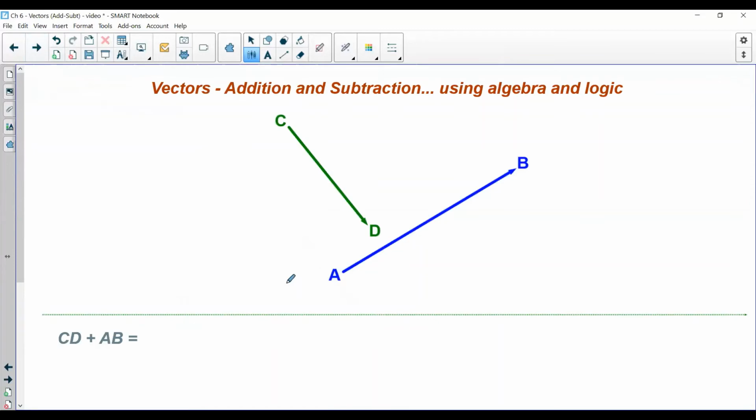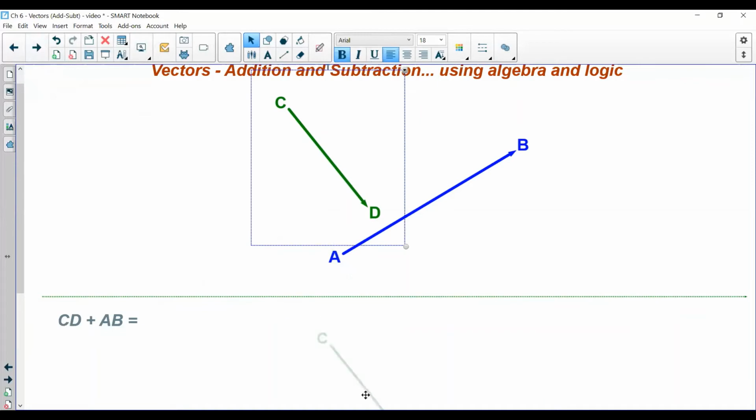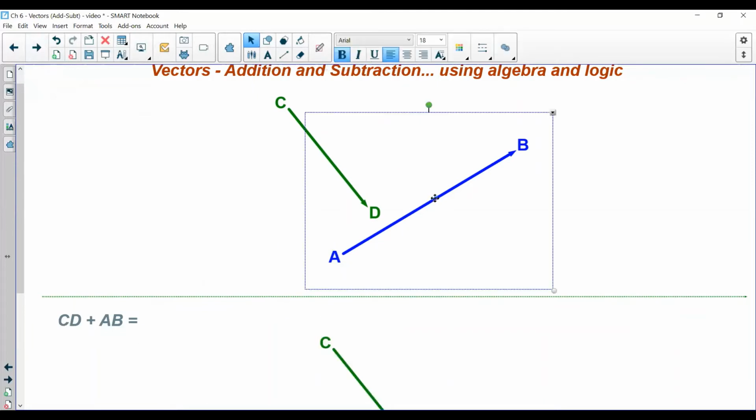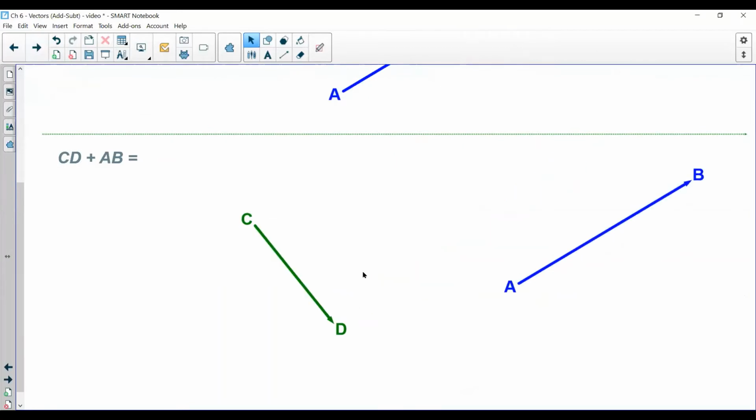All right, so just to change things up a wee bit, we're going to go a little quicker here. This says, well, how about if we start with CD, and then we add AB? Well, now we're going to start at C, travel towards D the way this vector tells us to travel.